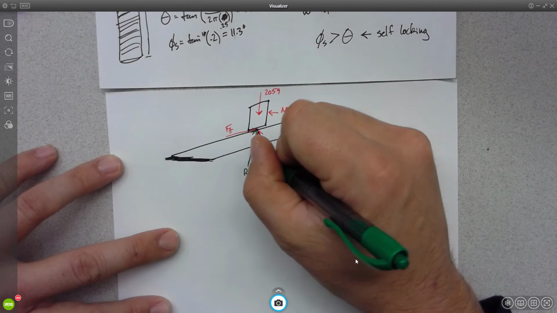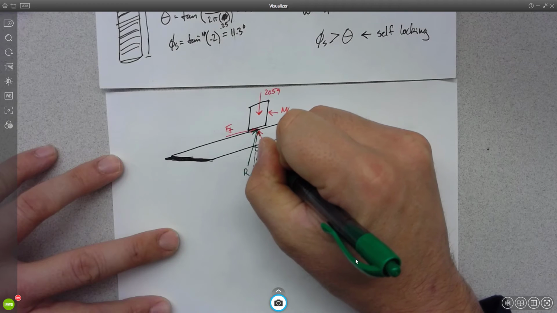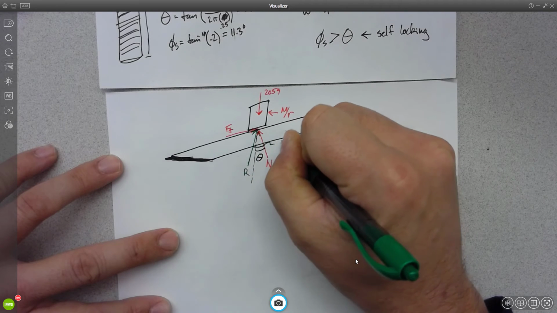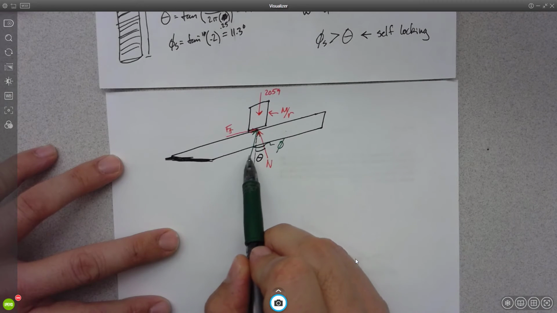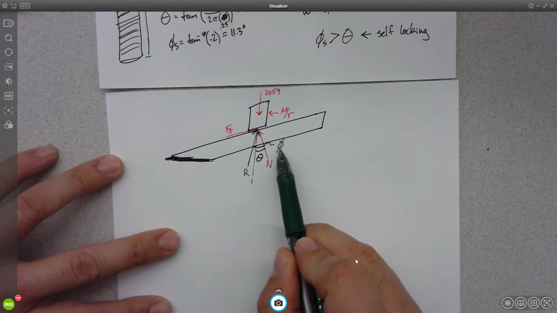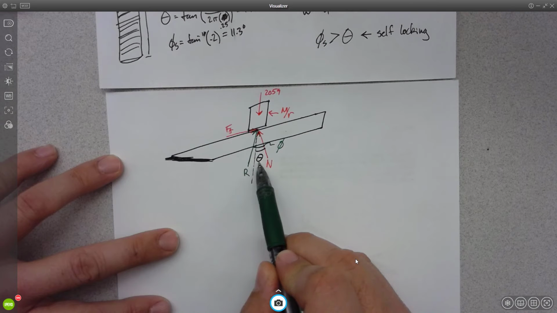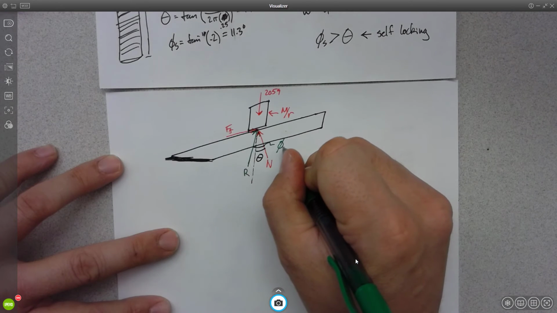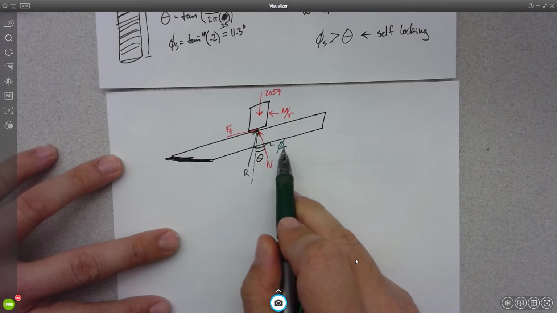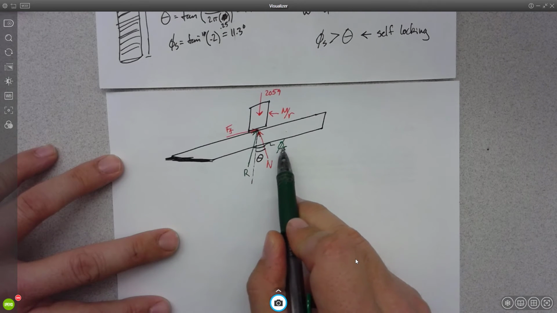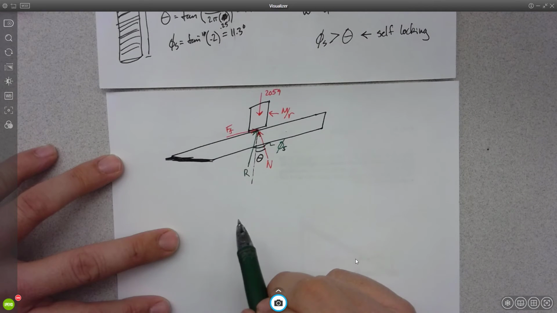Between R and normal. There's phi. Right? And so you can see that it's self-locking as long as phi is greater than or equal to theta. And I'll put an S on this so that we know this is not the diameter, but it's the angle of static friction. So as long as the angle of static friction is greater than the angle of the ramp, we're going to have a self-locking screw.